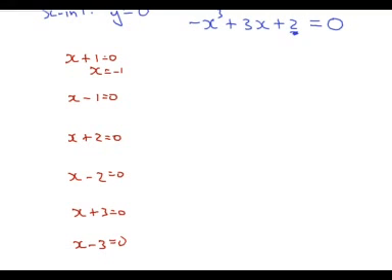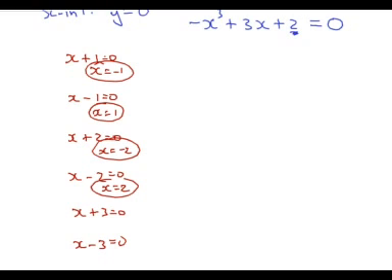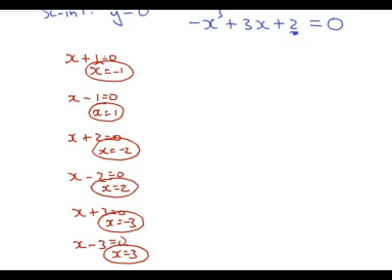So you're going to have x is equal to minus 1, x is equal to 1, x is equal to minus 2, x is equal to 2, x is equal to minus 3, or x is equal to positive 3. And you're going to take those values. That's what the remainder theorem is, without going into too much depth at this stage.